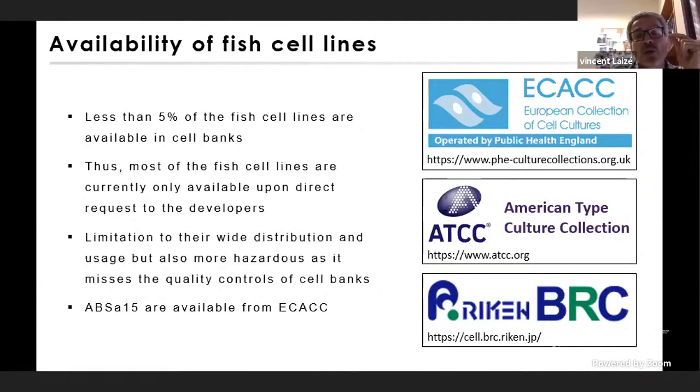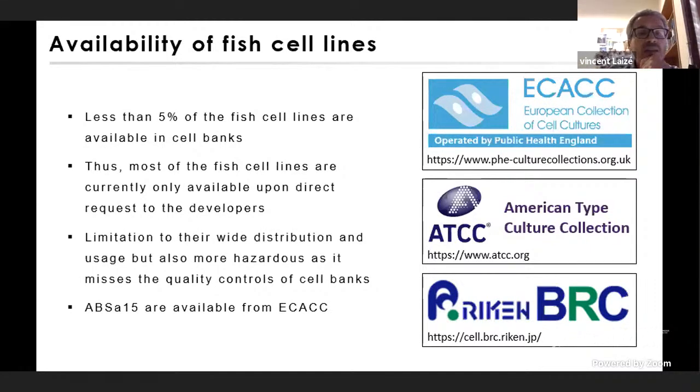So the fact that the cell lines are deposited in a cell bank, such as the ATCC, the ECACC, or the Riken, is a very important quality parameter.